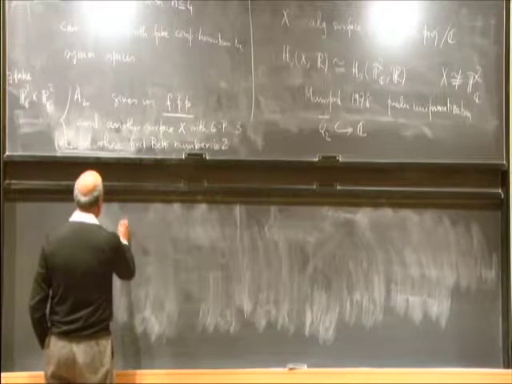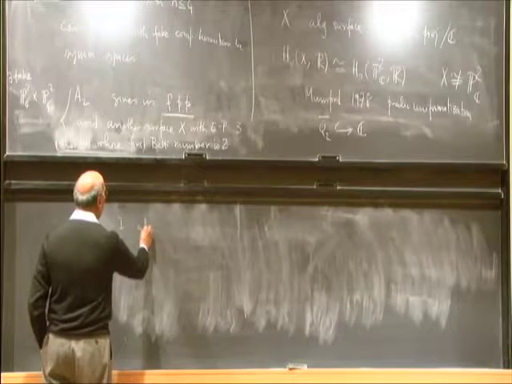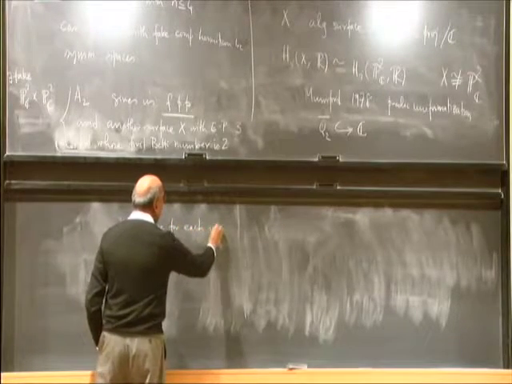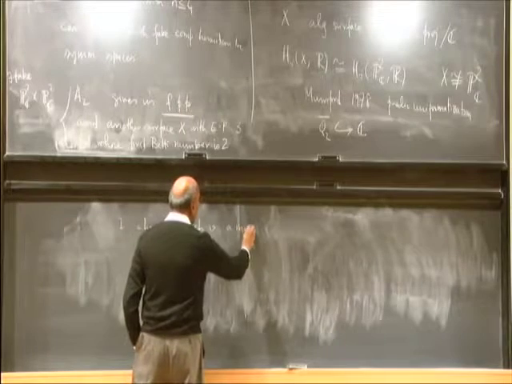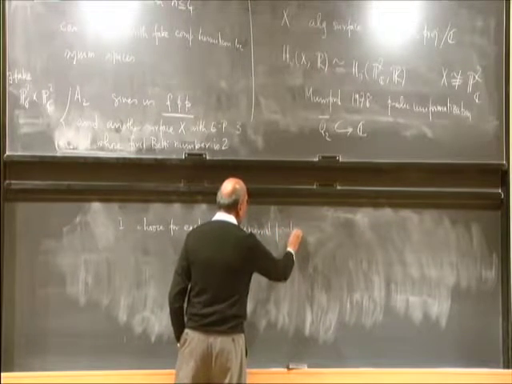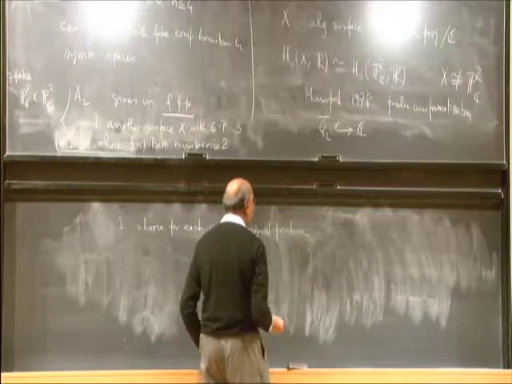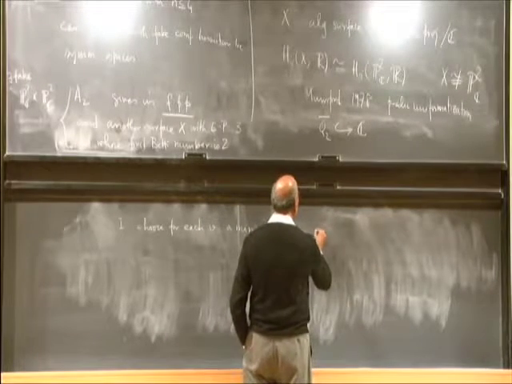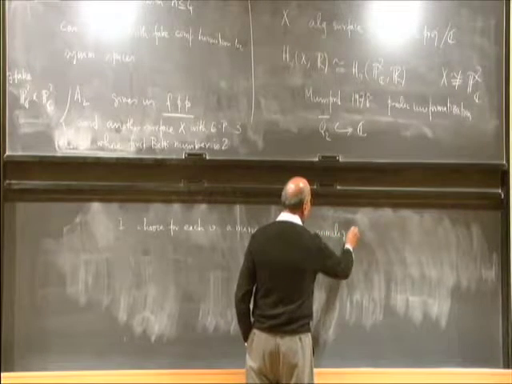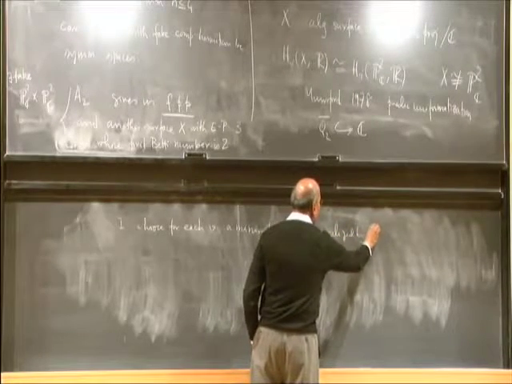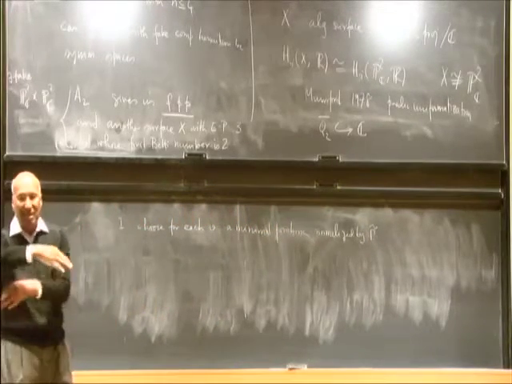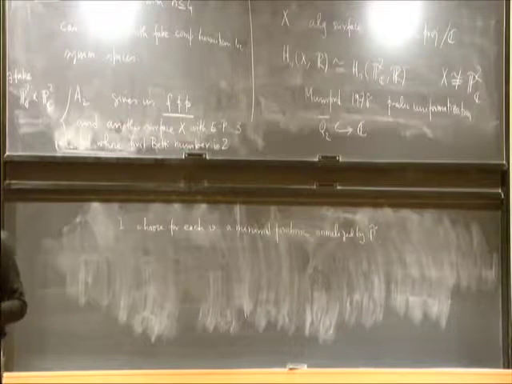So I choose for each V a minimal parahoric normalized by gamma tilde. So gamma tilde fixes a point, which means that the corresponding parahoric is normalized by gamma tilde.